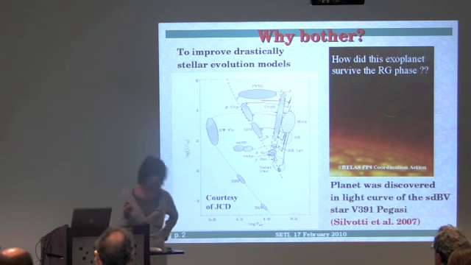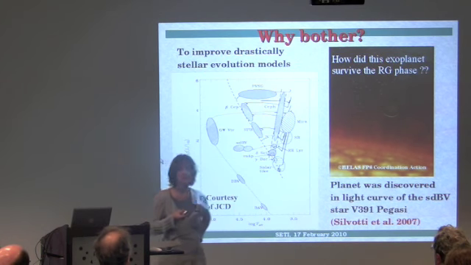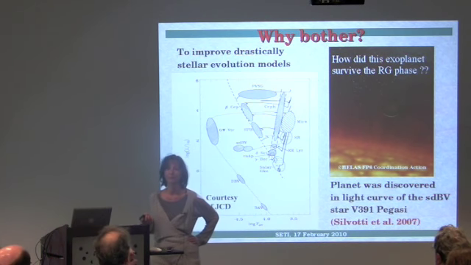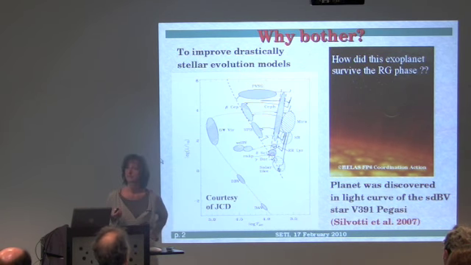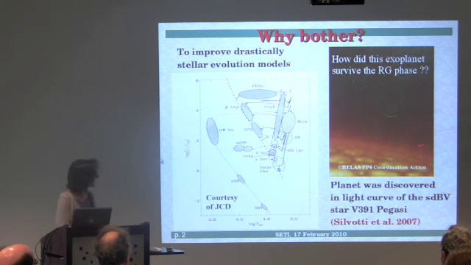So in order to find that planet, you first have to understand the oscillations and get rid of them, to put it in a negative way, so that you can find the planet by the timing method that is imposed by the planetary motion on the oscillations. This was discovered recently and was published in a paper in Nature.